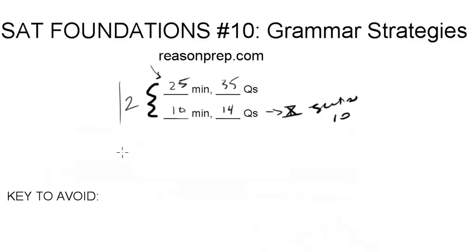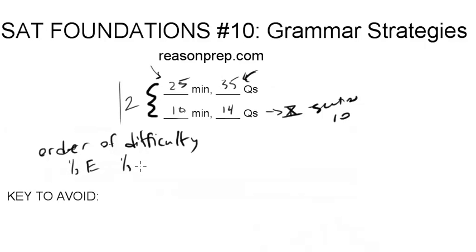Now, one other thing to keep in mind is there's an order of difficulty with all the questions except for the improving paragraphs, those little 5 questions at the end, or 6 questions at the end of this section. So, because of an order of difficulty, keep in mind that the first third are easy, second third are medium, third are hard or difficult.